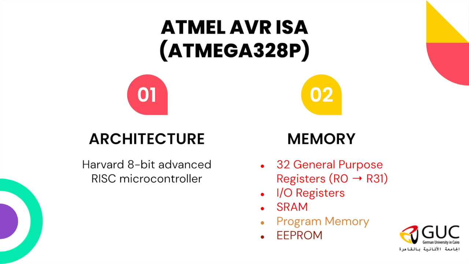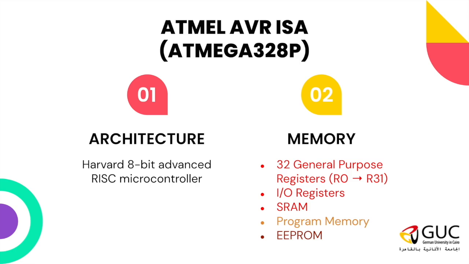And take care. Finally, we have the EEPROM, the electrically erasable programmable read-only memory. This is a third type of memory that is present in our microcontroller, and this memory is non-volatile.